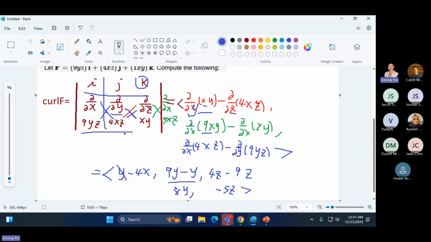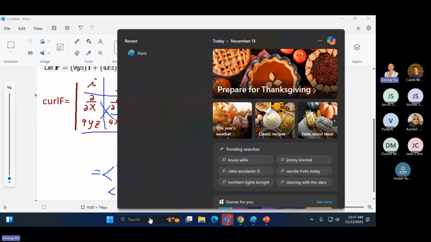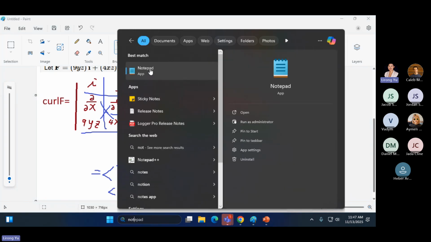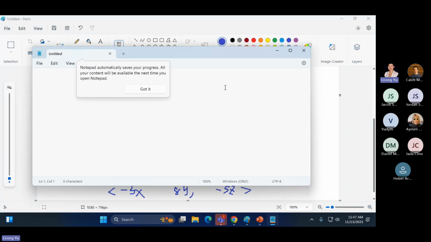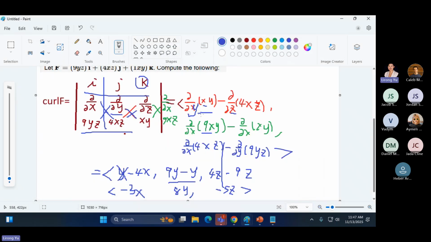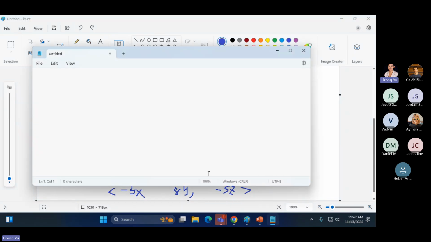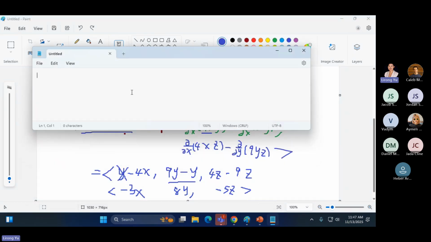So it should be x. So it's x minus 4x. So it's negative 3x. Sorry. You can see in indication that I did copy the wrong operator. I copied it was differentiating with respect to y and wrote x. Same. So the final answer for this is this.